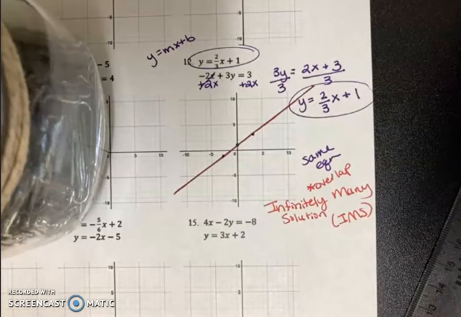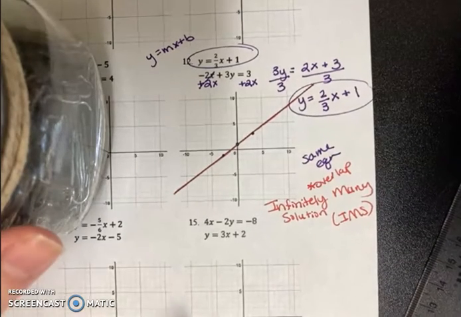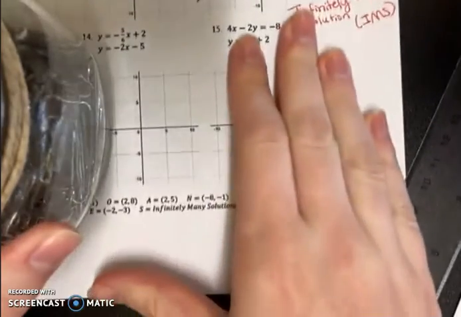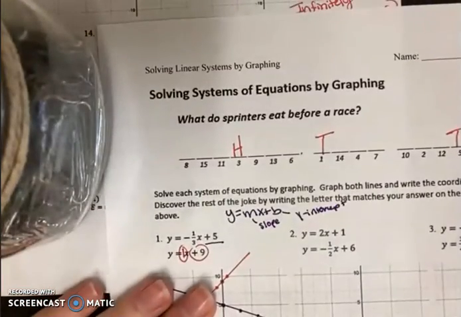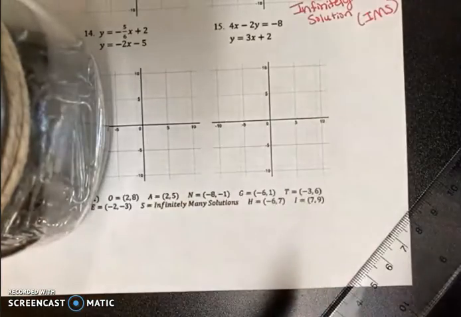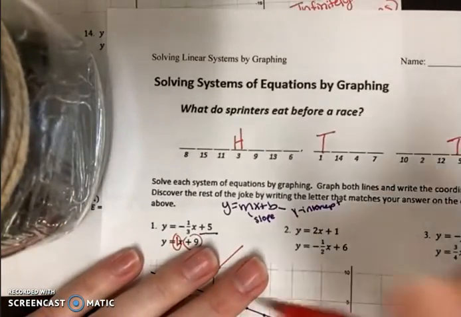Infinitely many solutions. Infinitely many solutions corresponds to an S. So on the front of our paper, this was number 12. So 12, we're going to put an S.